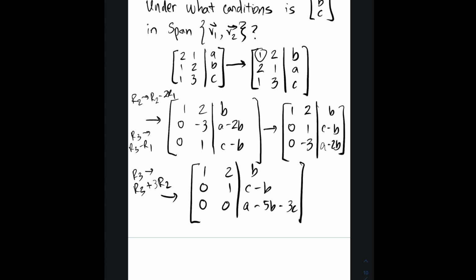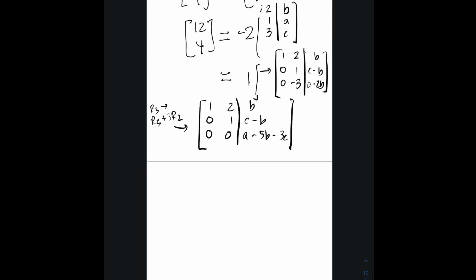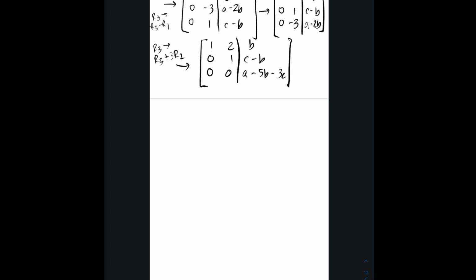So we got the echelon form of this augmented part, and so we have this.